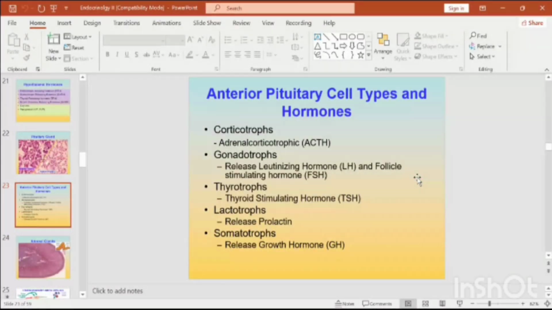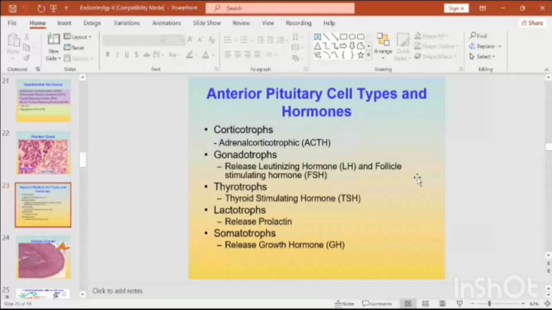The anterior pituitary cell types include the following, as I said initially. We have the corticotropes, the cells that release the adrenocorticotropic hormone, or ACTH. We have the gonadotropes, which release luteinizing hormone and follicle stimulating hormone, and these function entirely on the reproductive system.